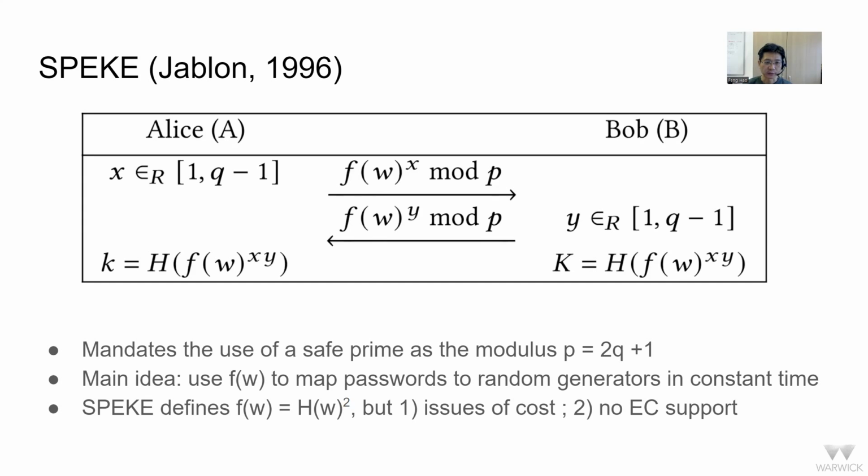In the case of SPEKE, it defines a safe prime as modulus and defines a simple function for the mapping function. However, this definition of the mapping function has several issues. The first is that because of the use of a safe prime, the exponentiation is expensive. And the second, there's no elliptic curve support.